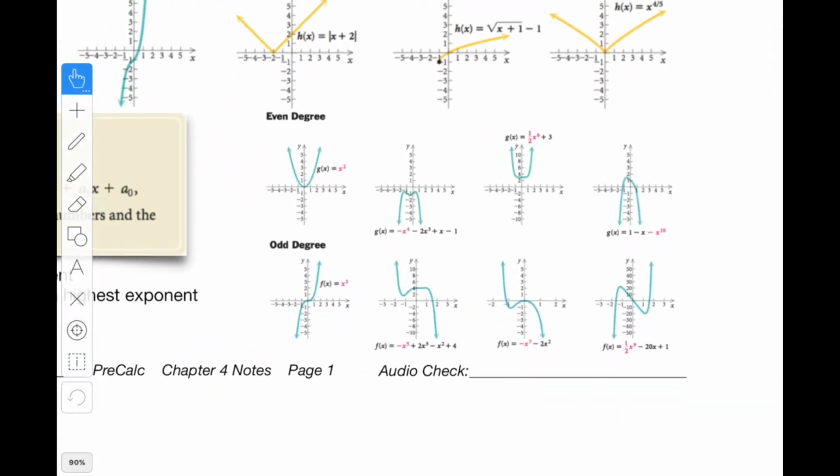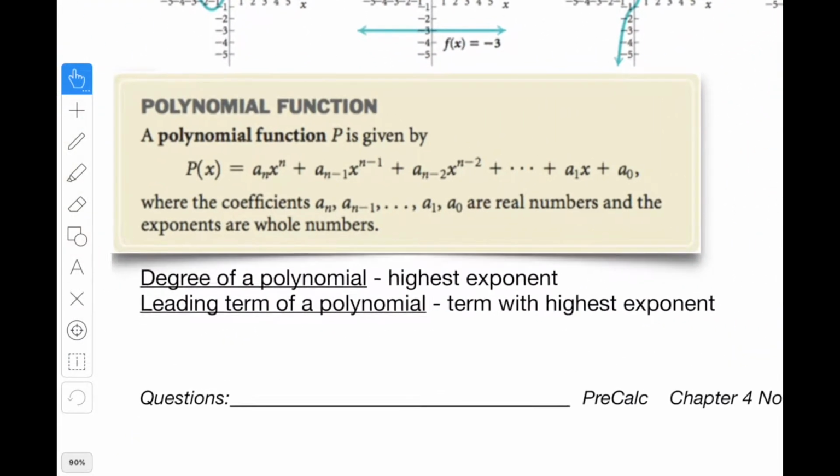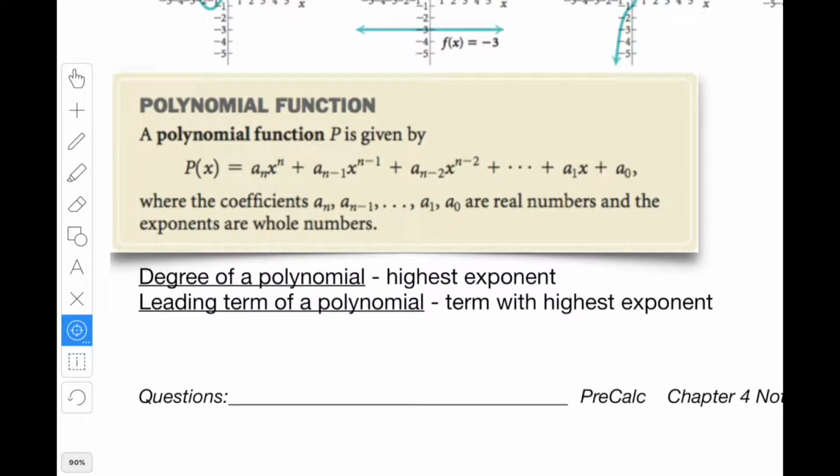The degree of a polynomial, as you might remember from Chapter 1, is the highest exponent. And the leading term of a polynomial is the term with the highest exponent. Turns out that first term dictates a lot about what the graph is going to look like. So here would be the leading term, and n would be the degree of the polynomial.